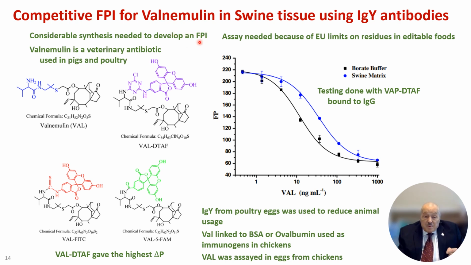And it's especially important in Europe because in Europe there are stronger limits on the amount of residues in edible foods. So they would not want valnemulin in their food. So they developed a polarization immunoassay for this.